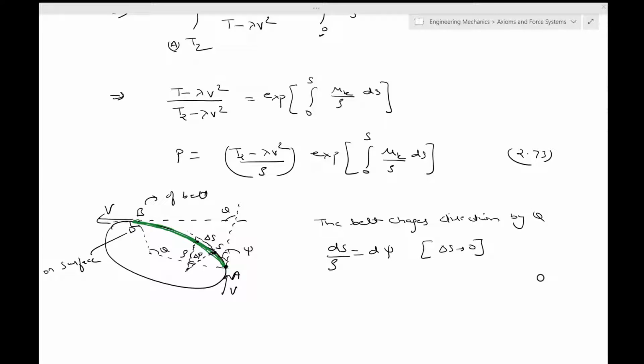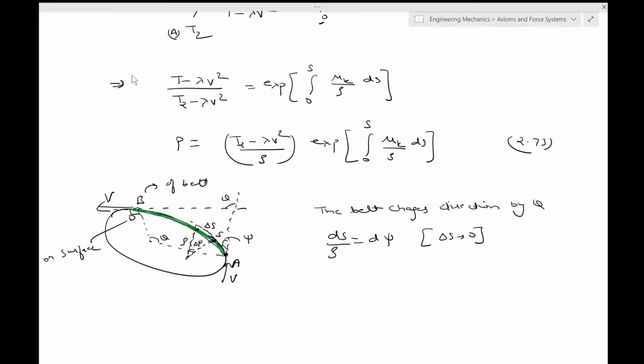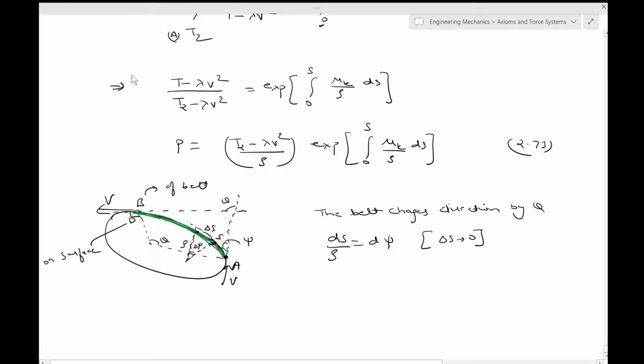What you have to do is just substitute ds by rho equal to d psi in this equation 2.73.